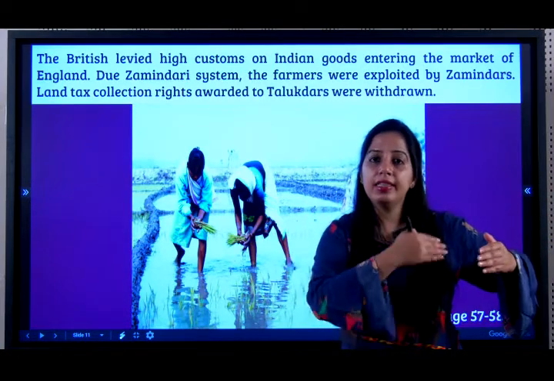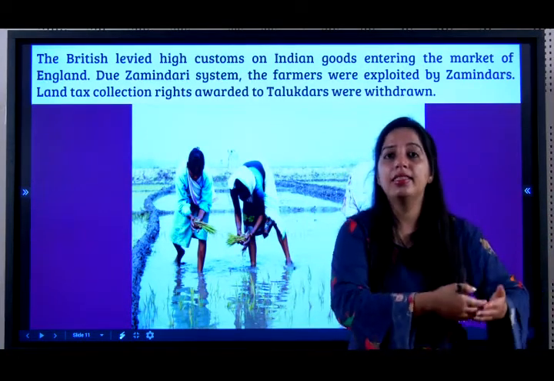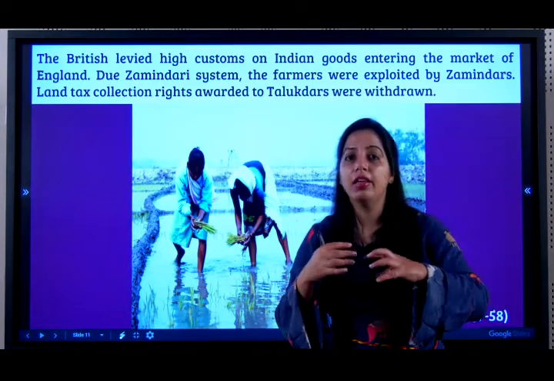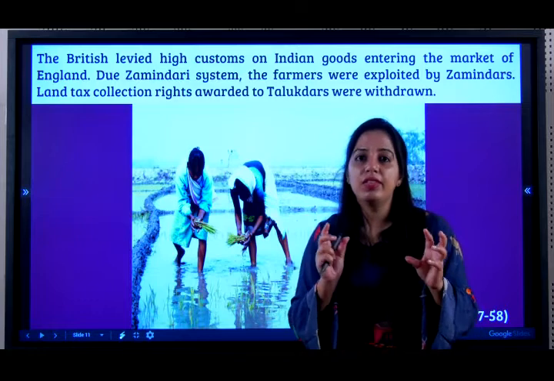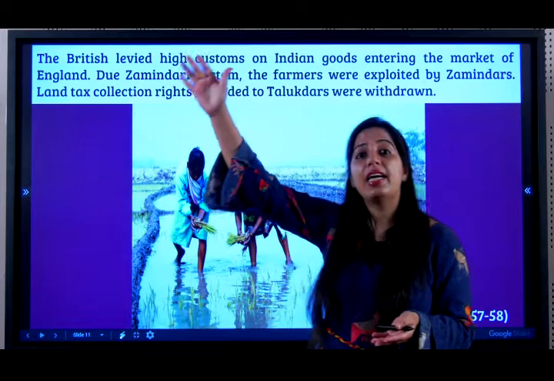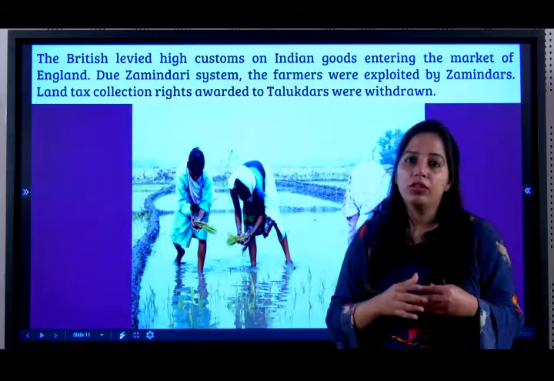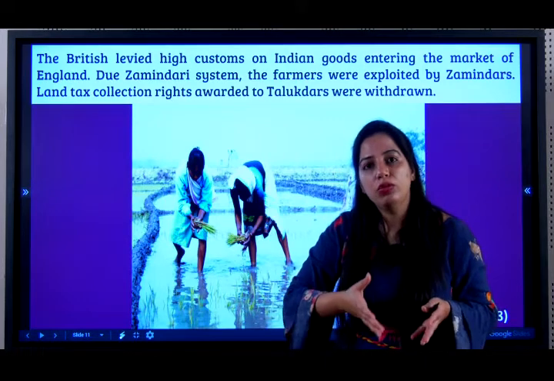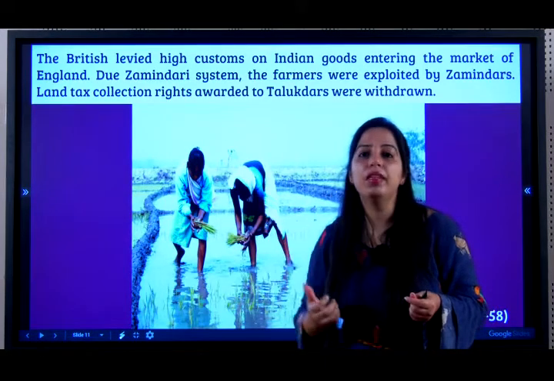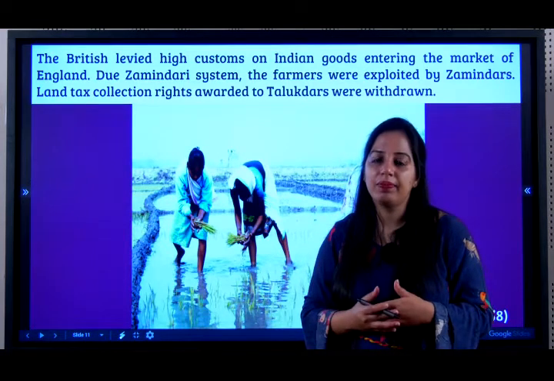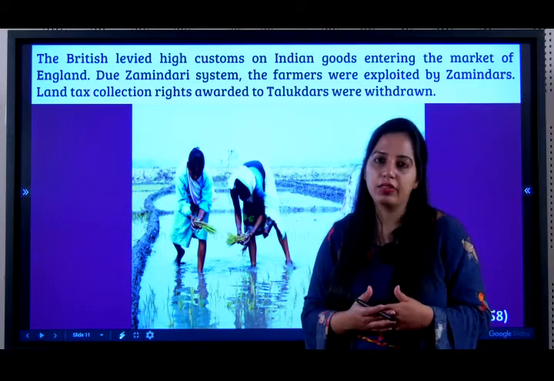Now when it is being sold in England, there is a tax to be paid because it has come from outside of England. Customs is the name of this tax. So the British kept the customs tax very high. It was so high that it was very expensive for Indian goods to enter the European market. So they could not withstand it and they faced a lot of losses.